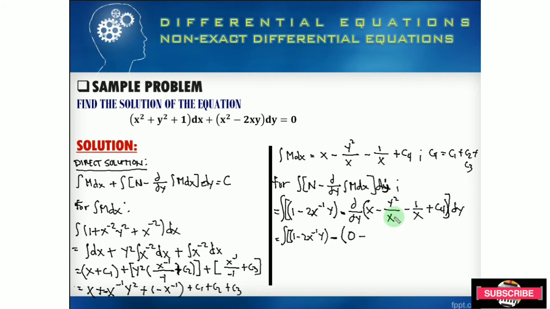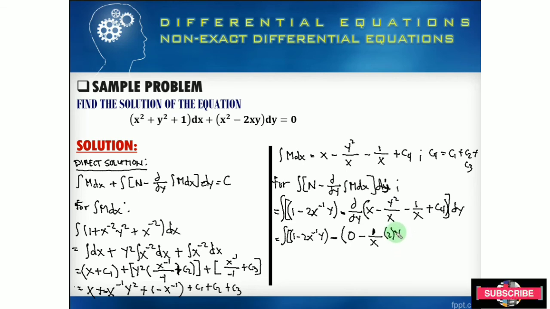So the partial derivative of this y squared with respect to y is just simply this 1 over x times 2, and then y raised now to the 2 minus 1 is just to the exponent of 1.